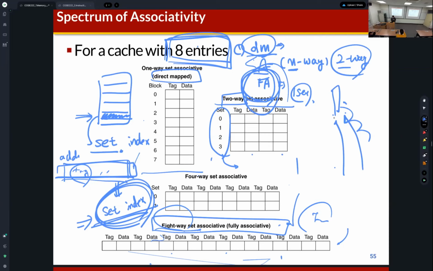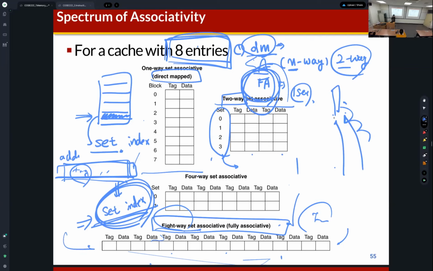And then, in order to check if the cache block exists in the cache, we need to check every block in the fully associative cache. Which means that the fully associative cache requires n comparators if our cache has n blocks.